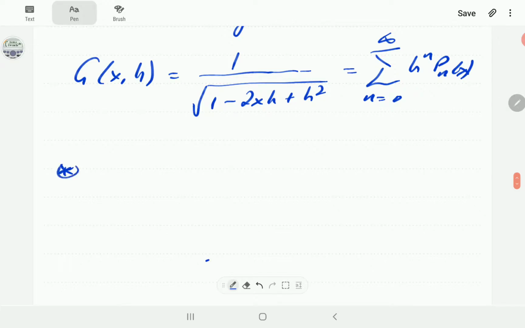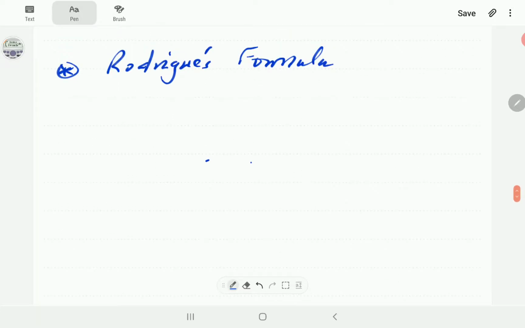There is something else called Rodrigues' formula. Rodrigues' formula defines the Legendre polynomial using a differential formula.